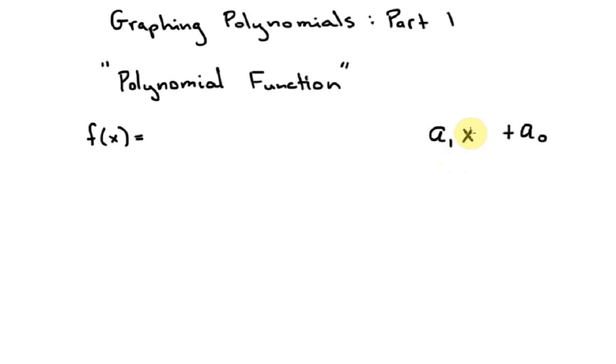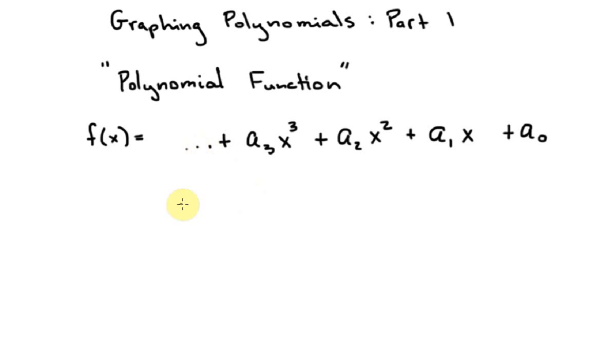So this you may be allowed to have, and in addition to that, we might throw in another number times an x squared. In addition to that, we might throw in some other number times x cubed, and so on. We can just keep going as far as we want.